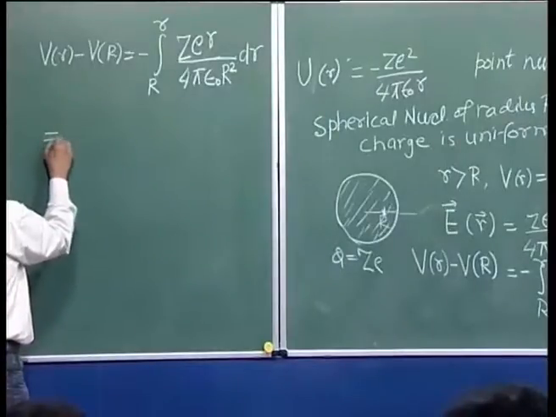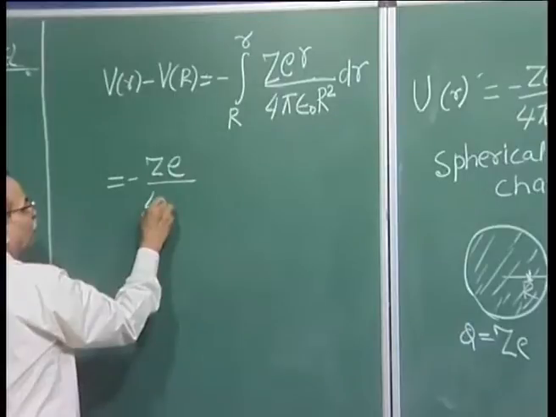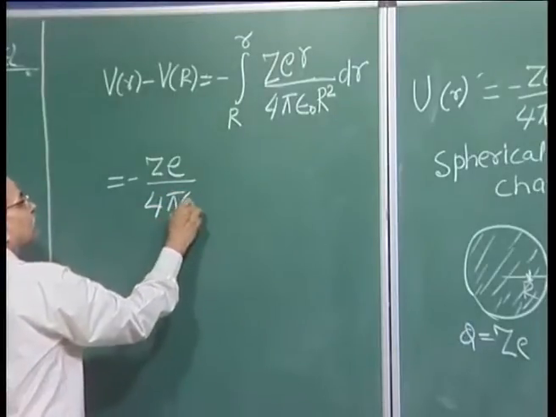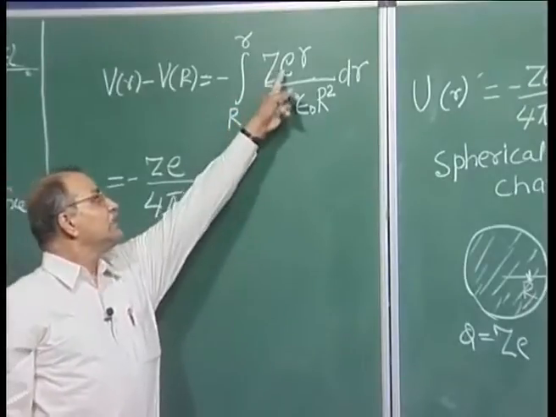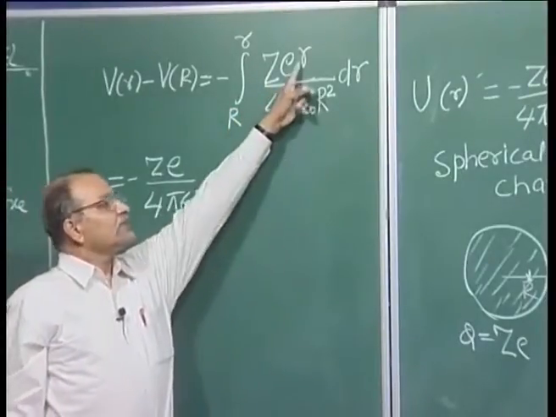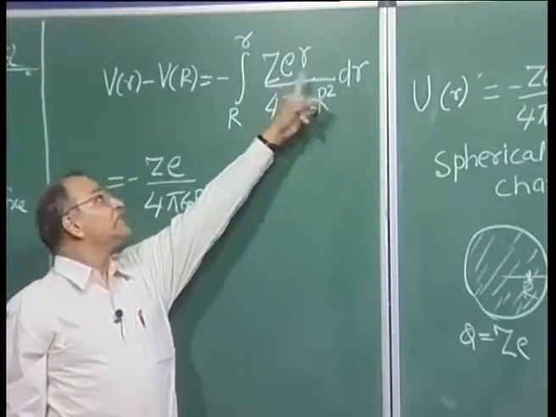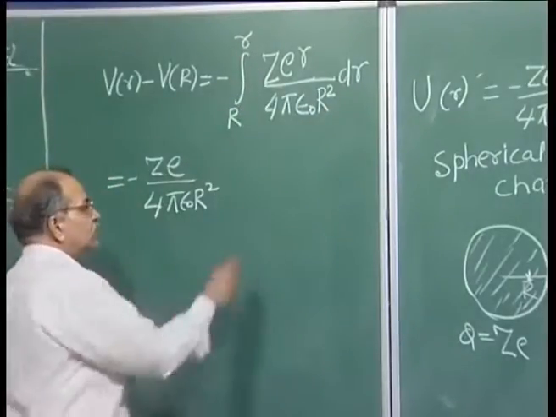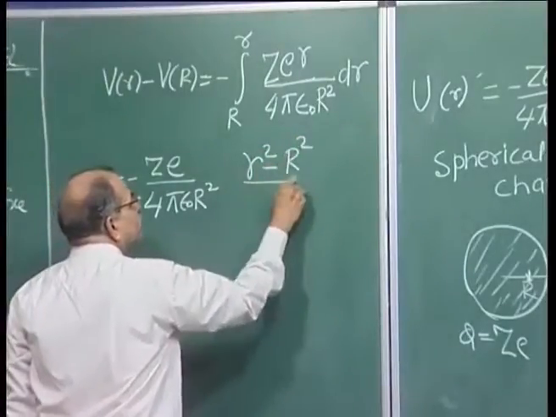This is equal to minus Ze over 4 pi epsilon naught capital R square, integral of r dr, which is r square by 2, and then put the limits. So, it is small r square minus capital R square by 2.